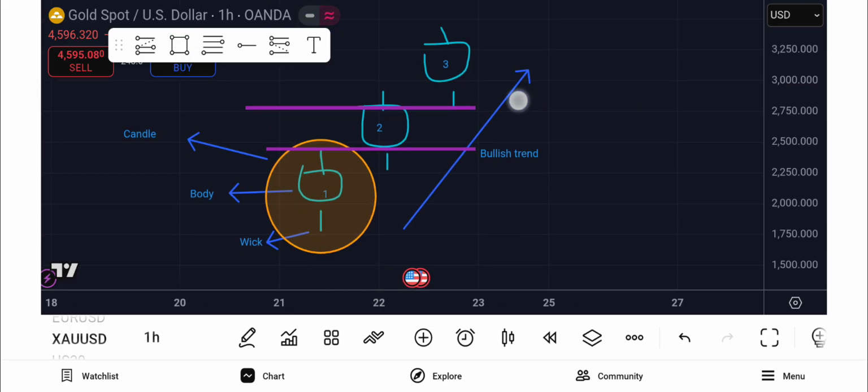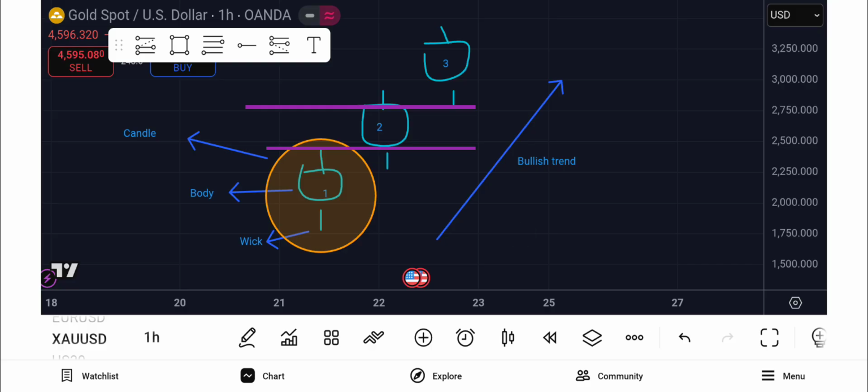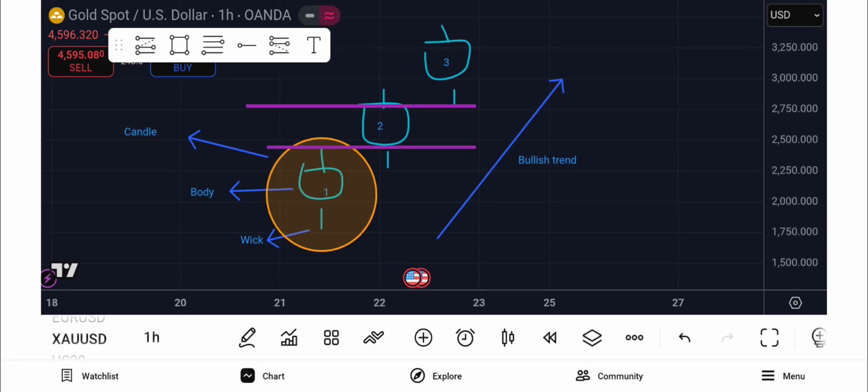See that? Let me move this out of the way. Right? The gap between the wick of the first candle and the wick of the third candle is considered a fair value gap. Okay.